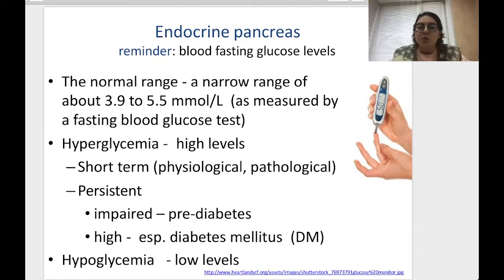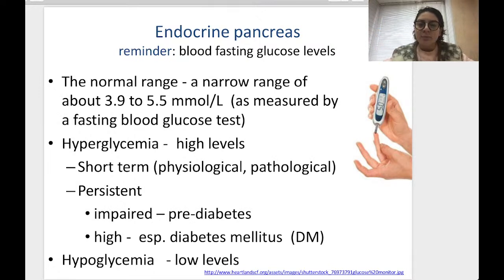But short-term hyperglycemia can be pathological too, and most of all it is connected with pre-diabetes. When the level of hyperglycemia stays elevated for some time, we name it persistent hyperglycemia.